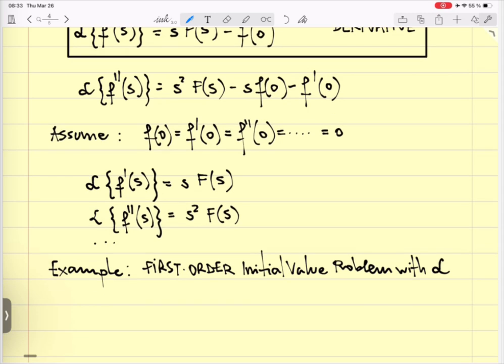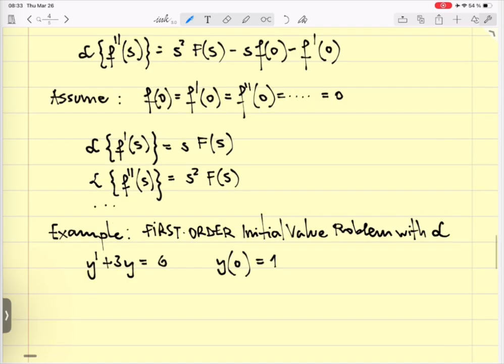So imagine we have this differential equation, i first derivative plus 3 times i equals 6, and then the initial condition is 1. Okay. So we take the Laplace transform at both sides. Laplace transform of i' plus 3 times Laplace transform of i equals Laplace transform of the constant. Okay.